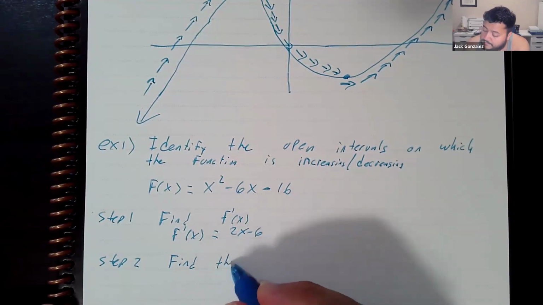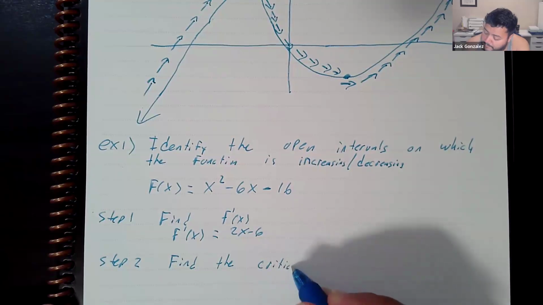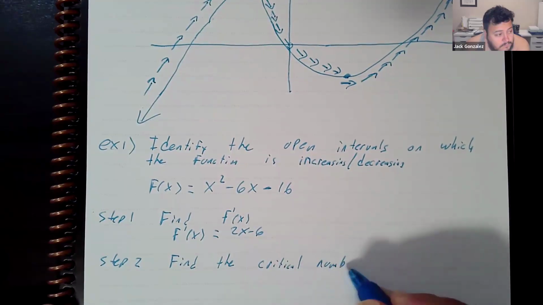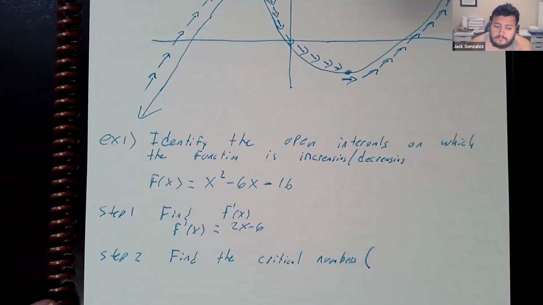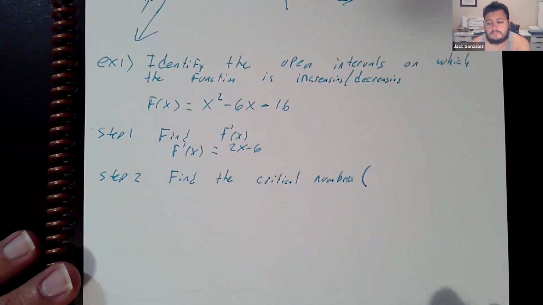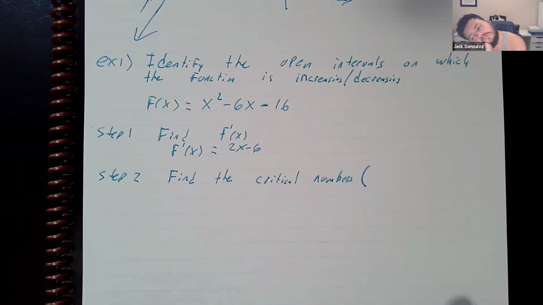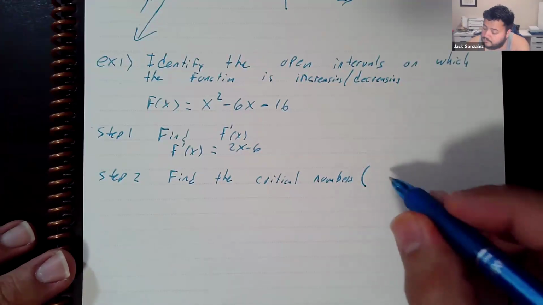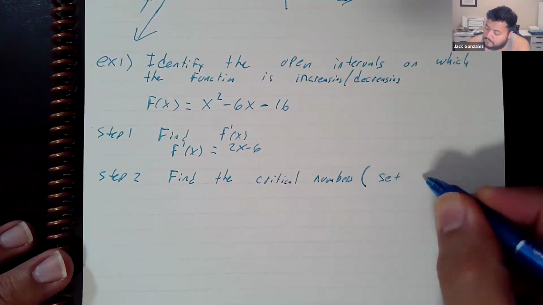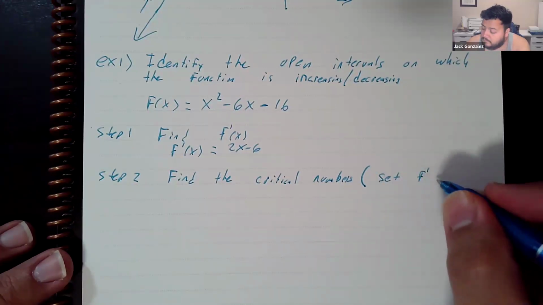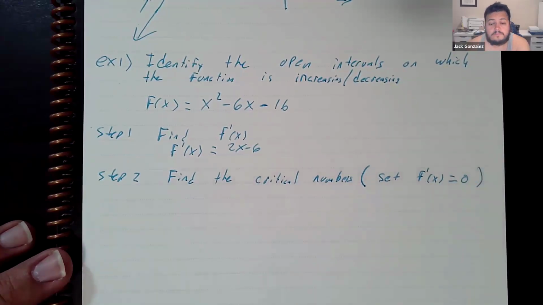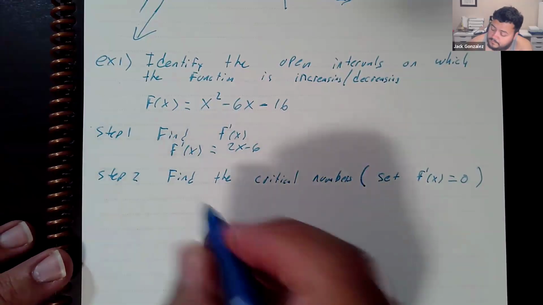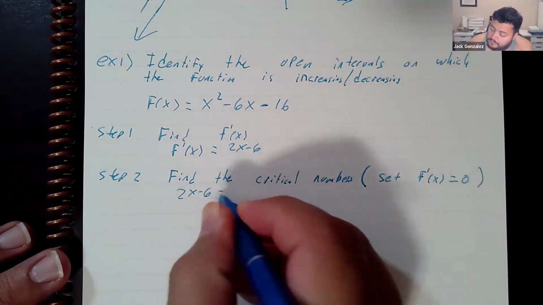Step two: find the critical numbers. Do you remember how to find them? We said the derivative equal to 0. So here we go.